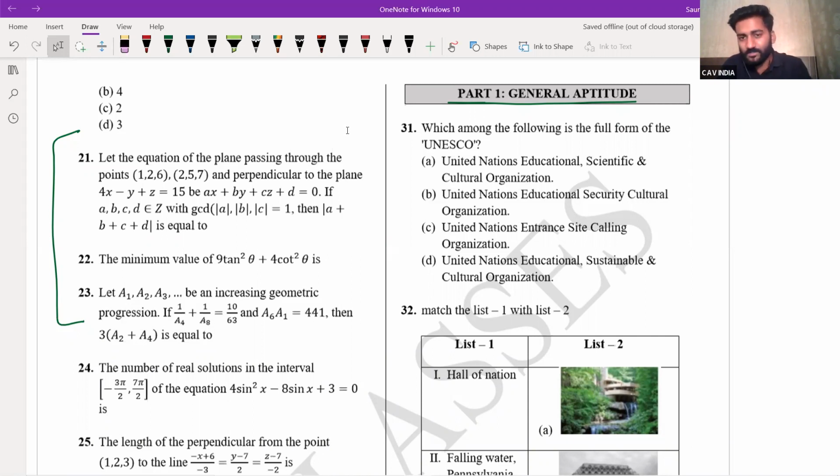These are some trending topics, and everyone should be aware of those. So this one, UNESCO stands for United Nations Educational, Scientific and Cultural Organization. So option 1 is the right answer for it.